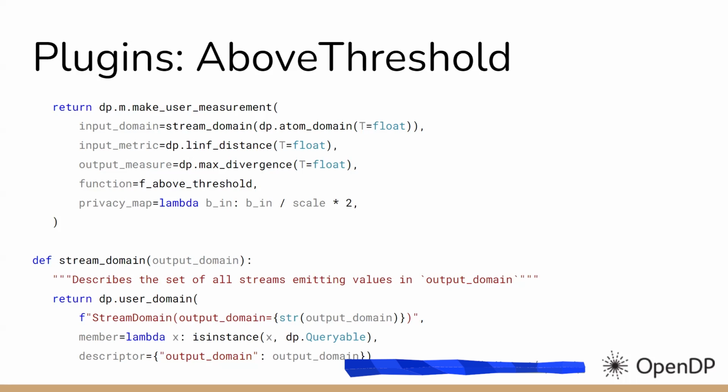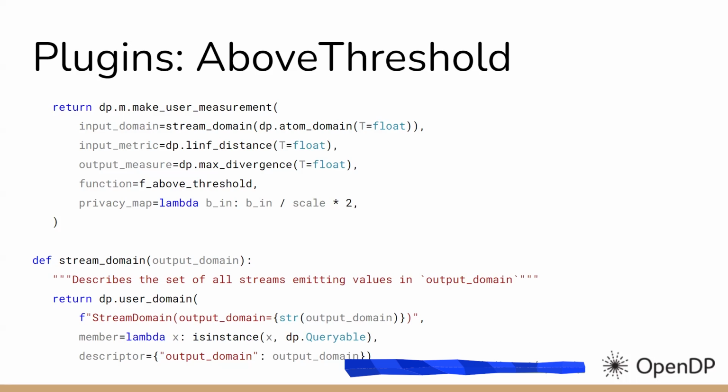I have a way of saying that the sensitivity of the stream is bounded, and this code here below shows an example of how you might build your own custom domain by specifying an identifier for the domain and specifying a function that checks if a value is a member of the domain.